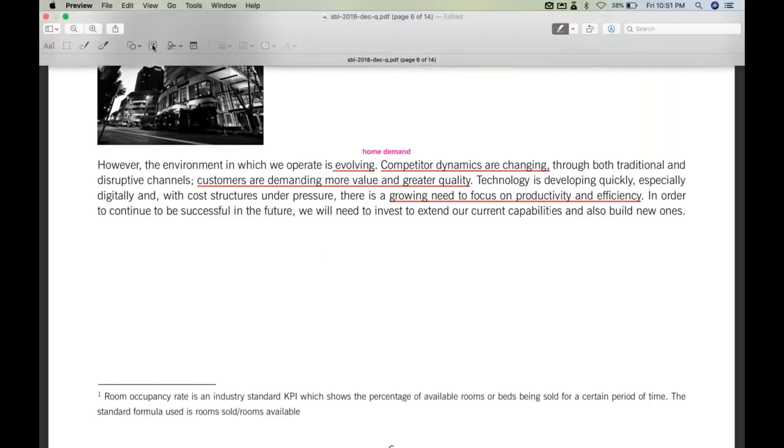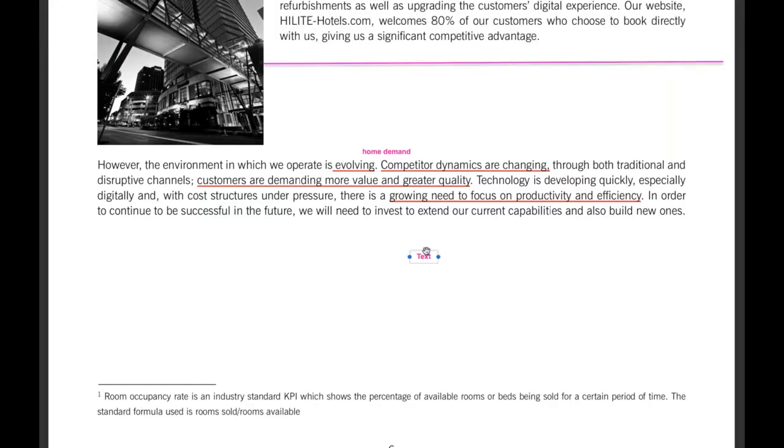This can also be under the strategy. There are quite a number of things that you can talk about. In order to continue to be successful in the future, we need to invest to extend our current capabilities and also build new ones.